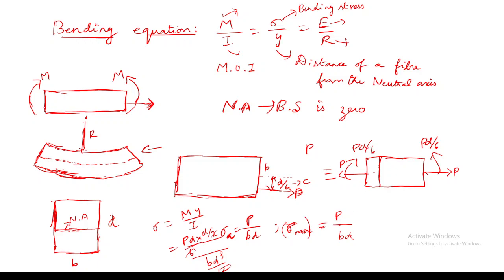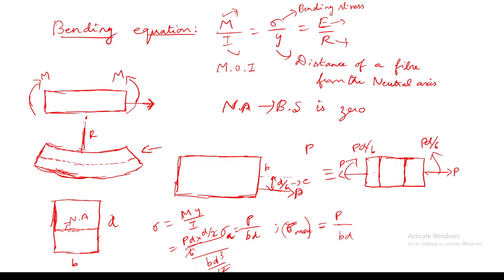For which fiber will it be positive and for which fiber will it be negative? If you draw the variation of the bending stress for this cross section, at the top fiber, will it be positive or negative? Negative, yes.